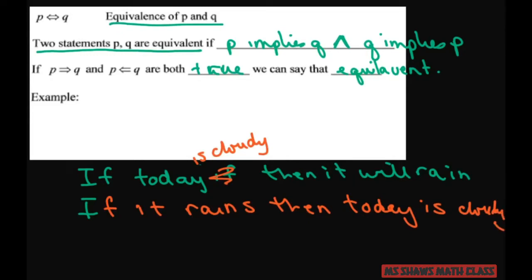And basically what this means is if and only if. So you could also say today is cloudy if and only if it will rain. Or you could say it will rain if and only if today is cloudy. So that's also known as your biconditional.